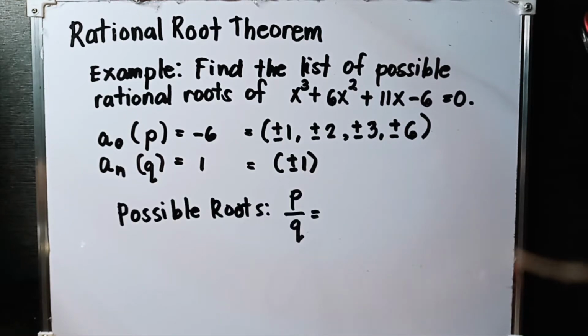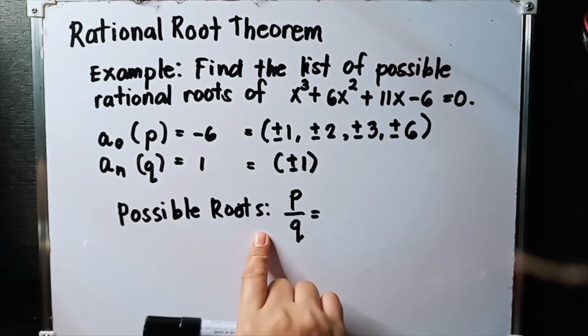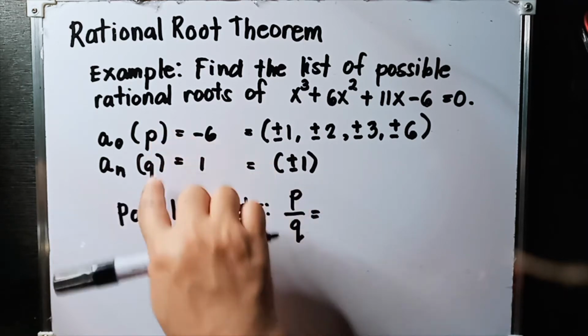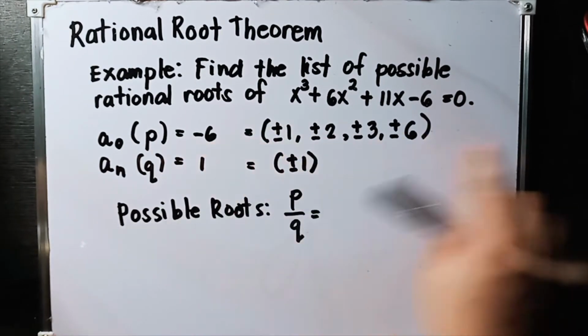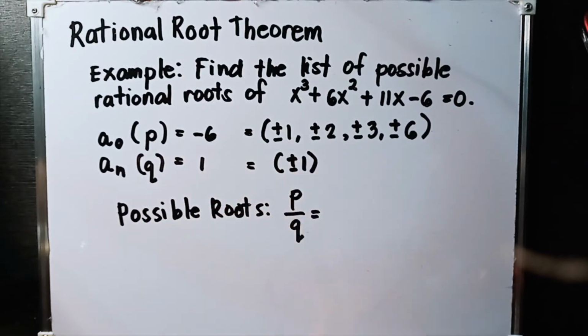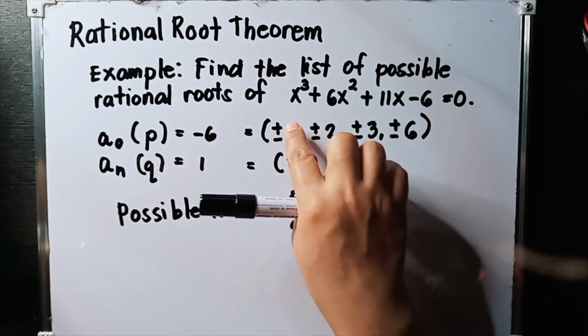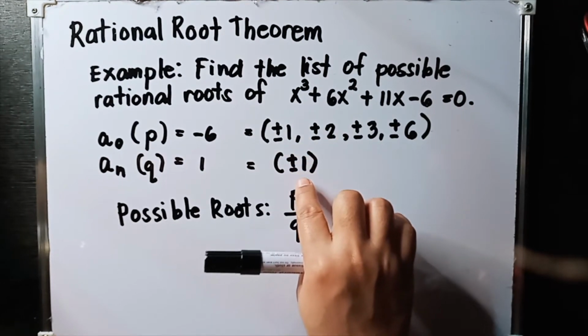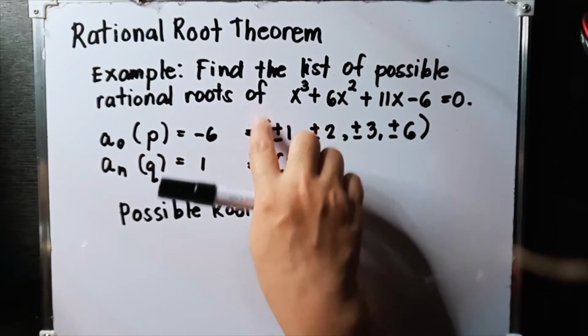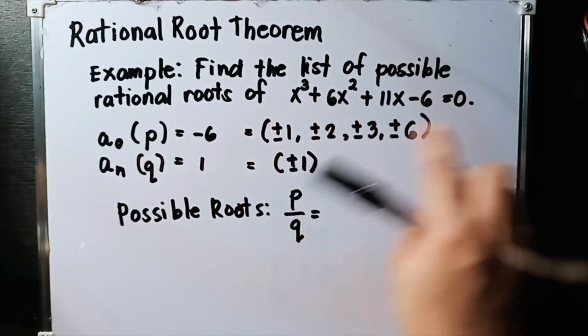Now we can write down the possible roots by simply dividing p over q, or the factors of negative 6 and 1. If we're going to divide them one by one, it means that positive negative 1 divided by positive negative 1. Whenever we have the divisor which is 1, the numerator will always be the answer.